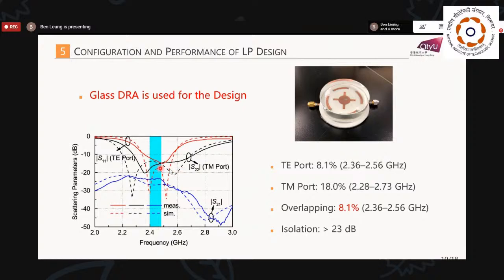In other words, both TE and TM modes are omnidirectional for this design. And therefore, the radiation patterns are basically the same or very similar. So the diversity here is not from the pattern, but from the polarization. Okay, the overlapping bandwidth is 8.1%.